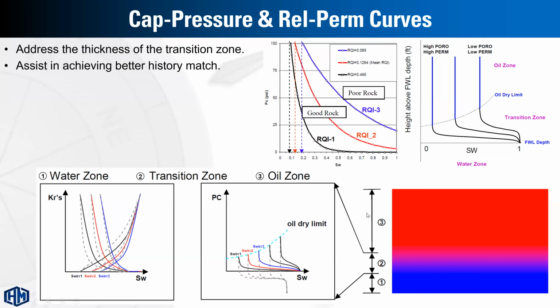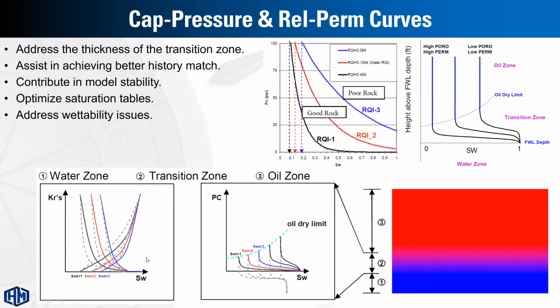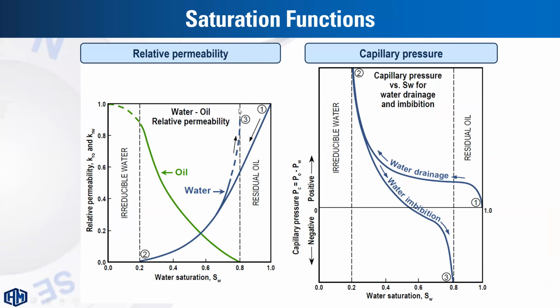So the thickness of the transition zone and the saturation calculation are controlled by the capillary pressure data, and also the endpoints and relative mobility. This is the definition of saturation functions, all of them against water saturation.